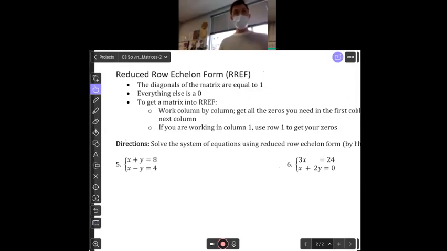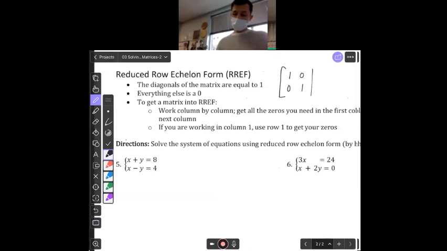So, we're going to get into reduced row echelon form, which is RREF for short, because we don't want to say reduced row echelon form over and over again. If you didn't write this down earlier, definitely do. What it looks like: 1, 0, 0, 1, augment bar, whatever number. We get to play around over here.